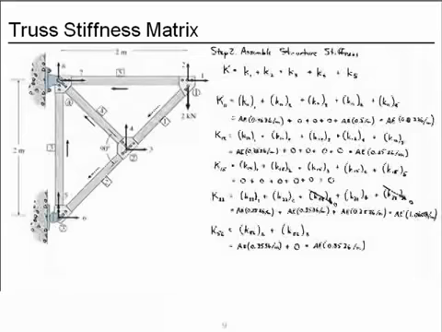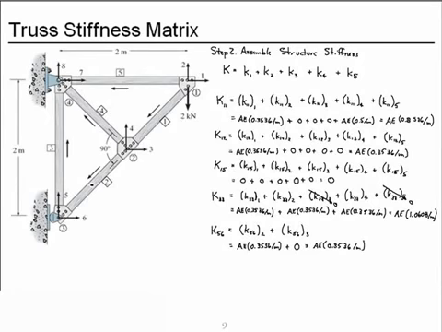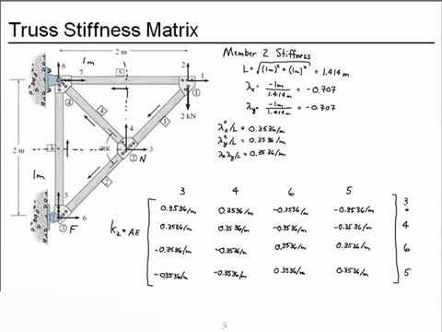Now our next chunk. Only one member connects degrees of freedom 3, 4, and 5, 6, and that's member 2. So we're talking about degrees of freedom at the rows 3 and 4, degrees of freedom at the columns of 5 and 6. But notice, this one is 5, this one is 6.